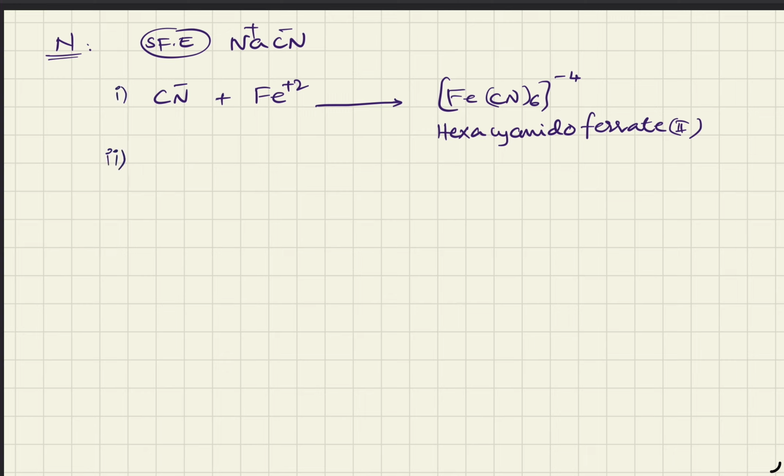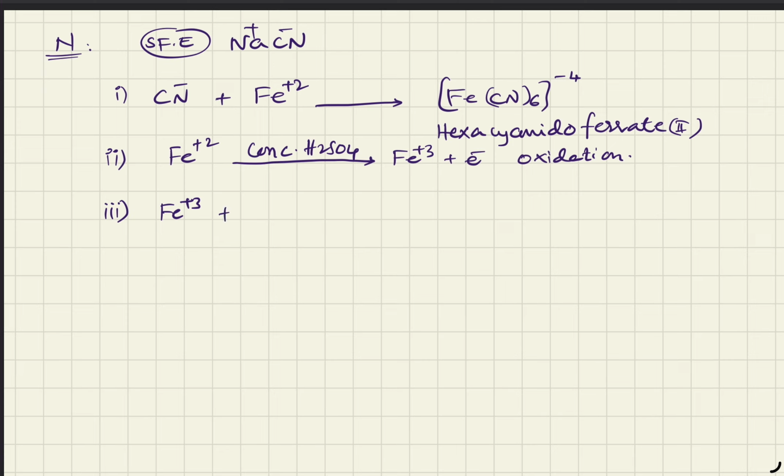Then the second step: the ferrous ion Fe²⁺ in the presence of concentrated sulfuric acid is converted into Fe³⁺ and an electron. This is called oxidation. Then in the third step, this Fe³⁺ ion reacts with the hexacyanidoferrate.